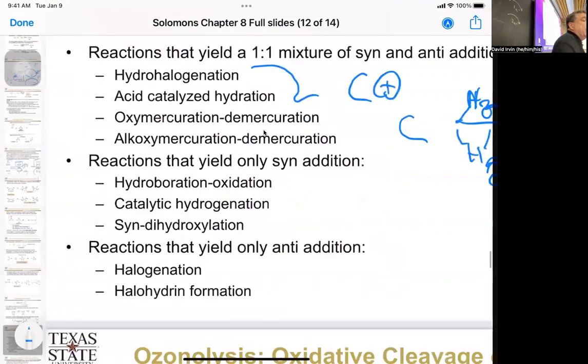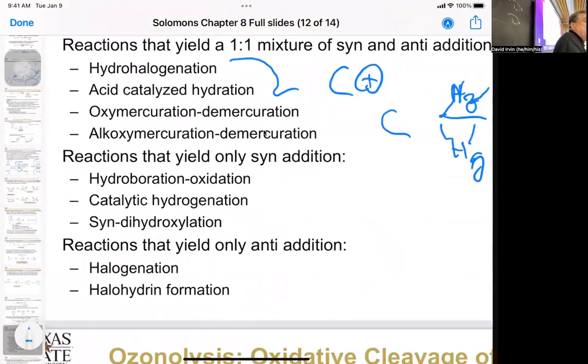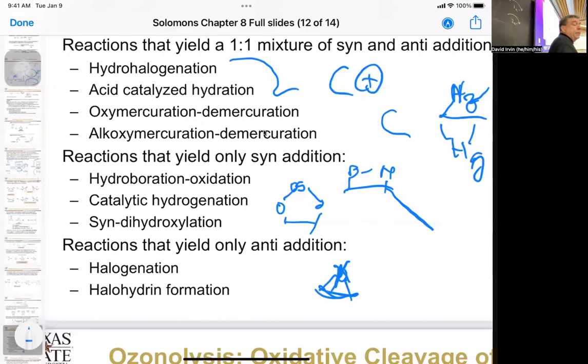In the case here, all these Syn additions, we have boron and hydrogen adding across like that. We have our osmate ester forming in that reaction. And then in both of these, we have our halogen forming our halonium cation.